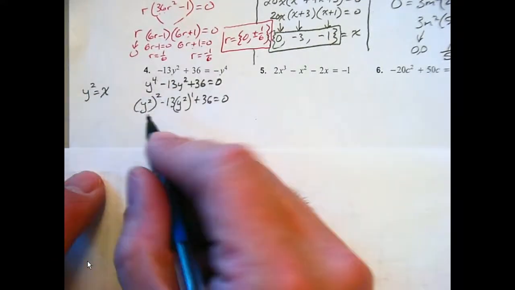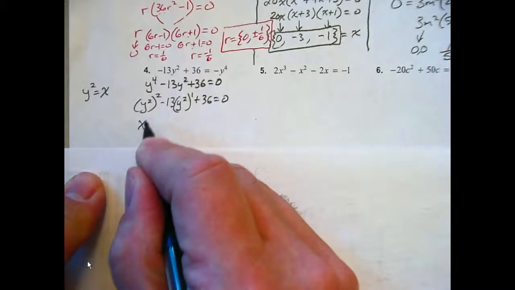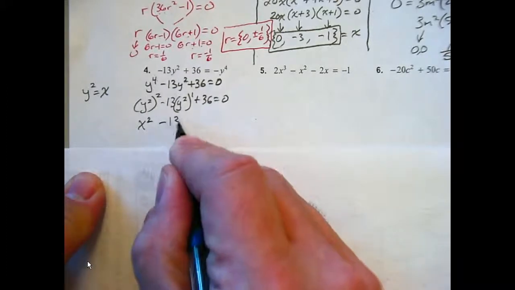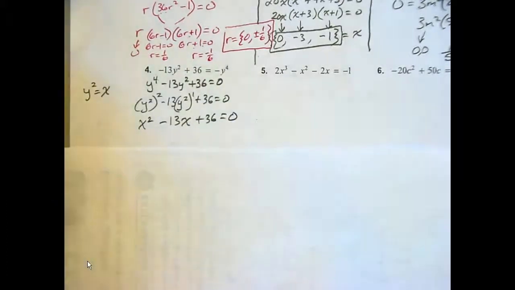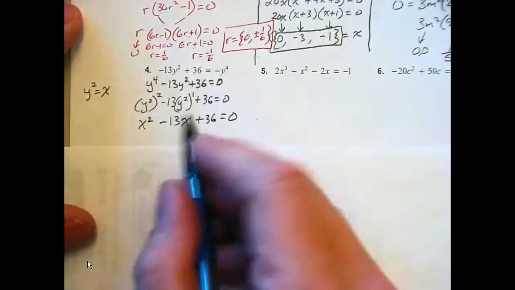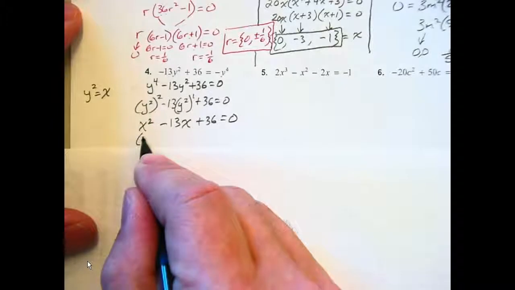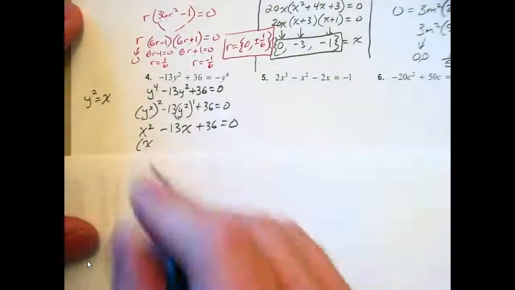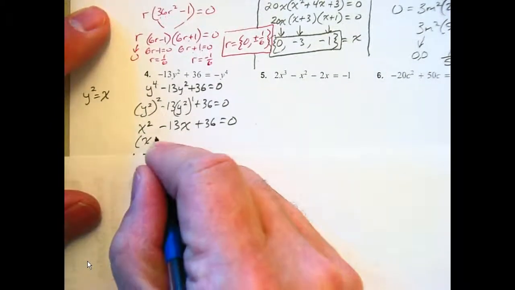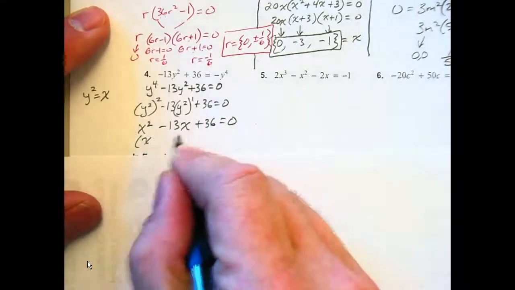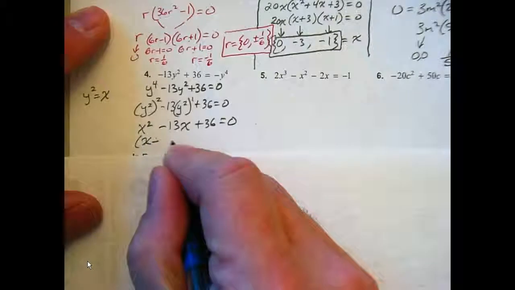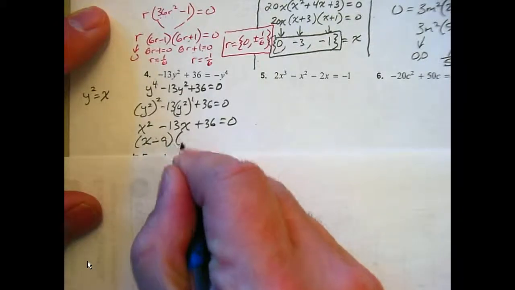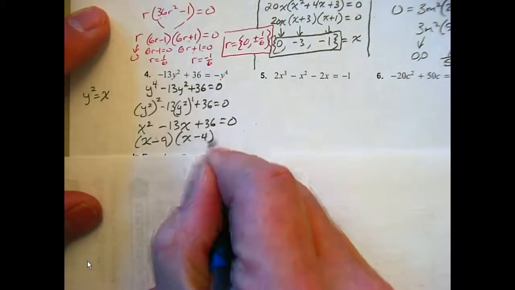So I could write it as x squared minus 13x plus 36, and then factor that. When I factor that, I get x minus 9 and x minus 4 equals 0.